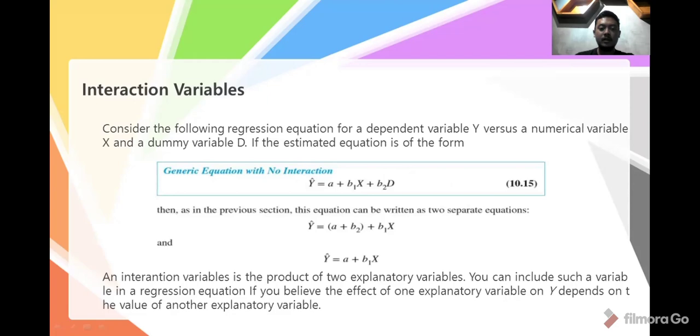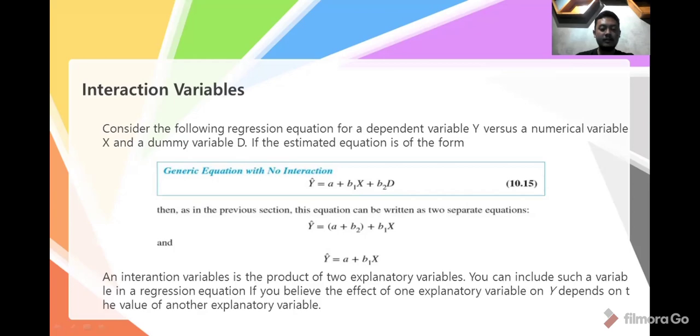Interaction variable. Consider the following regression equation for a dependent variable y versus a numerical variable x and a dummy variable t. If the estimated equation is of the generic form with no interaction, then as in the previous section, this equation can be written as two separate equations.